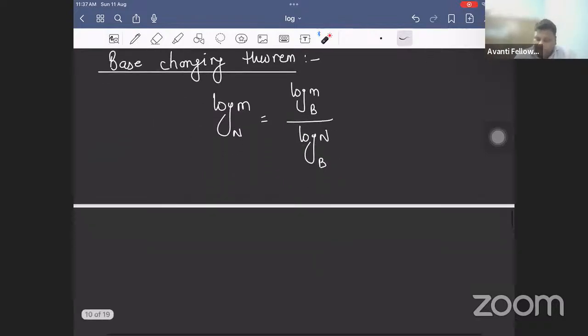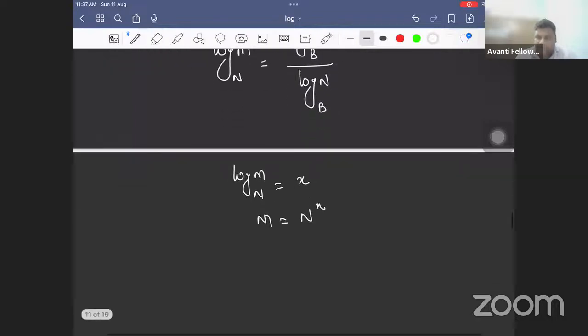We can prove it very easily. Say I give you the proof: log m base n, let it be x. So m becomes n raised to the power x. Now take log on both sides at a common base. So log m base b is log n to the power x base b.